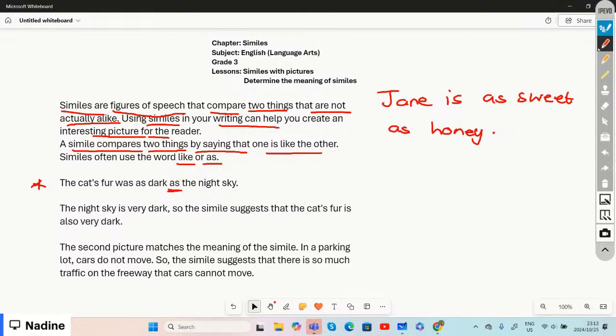Maybe we say the truck is as big as an elephant. We know already a truck in general is big, but we also know that an elephant is big, you know? So if we compare these two things that are not actually alike, then we can say that the truck is as big as an elephant, or Jane is as sweet as honey.